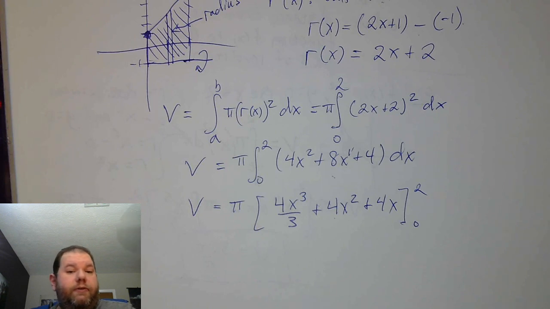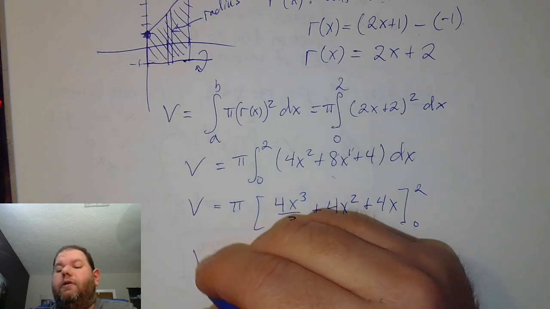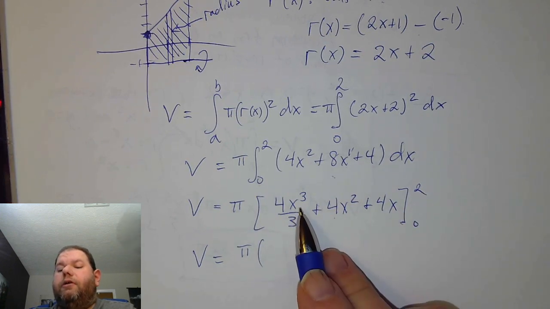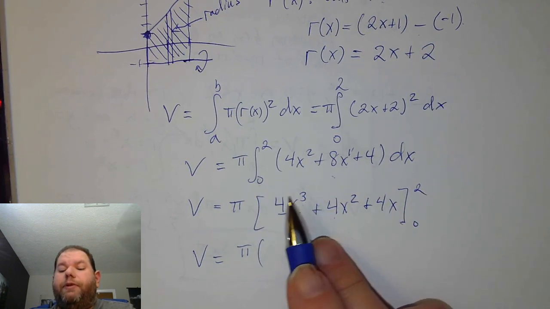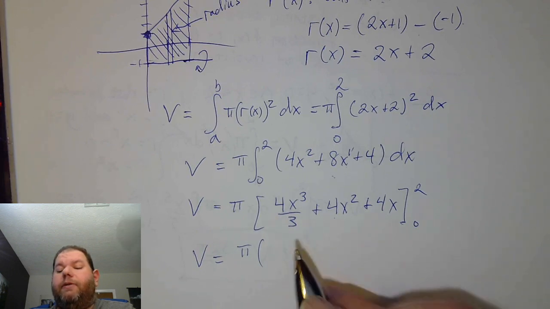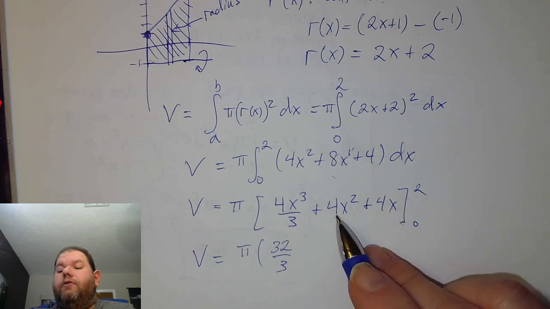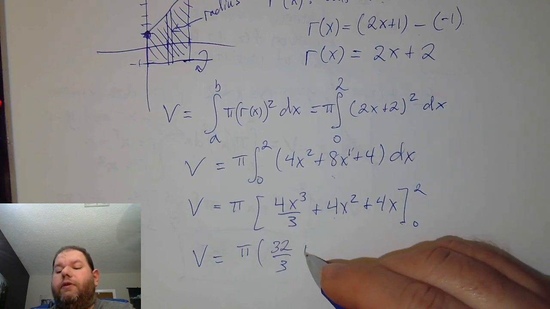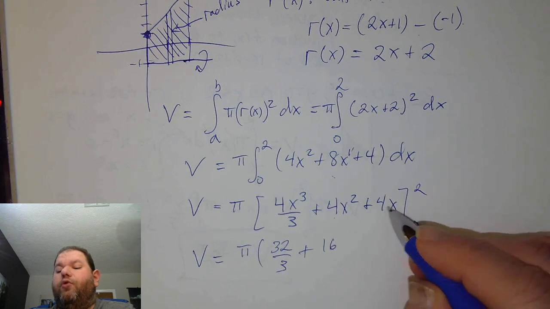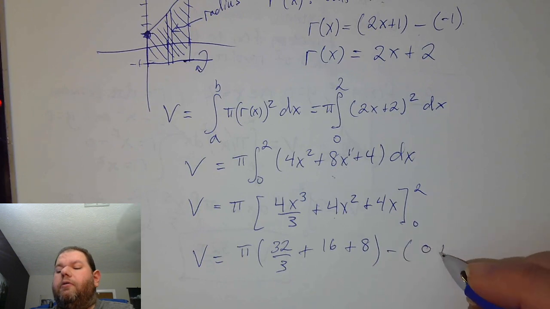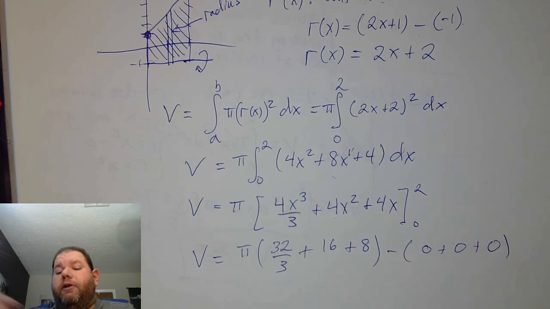Okay, and from there it's just a matter of plugging in our limits. Plug in 2. 2 to the third power is 8. Times 4 is 32. Divide by 3. 2 squared is 4. Times 4 is 16. And 4 times 2 is 8. Now if you plug in 0, that just makes all three of the values 0, so we can effectively ignore it.